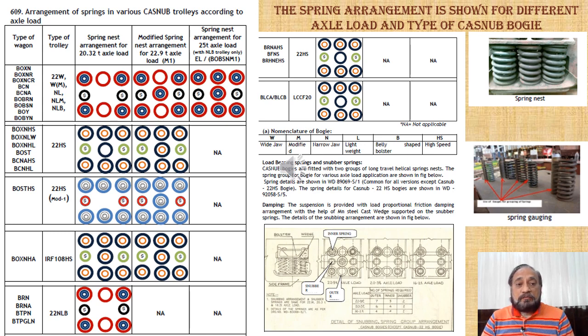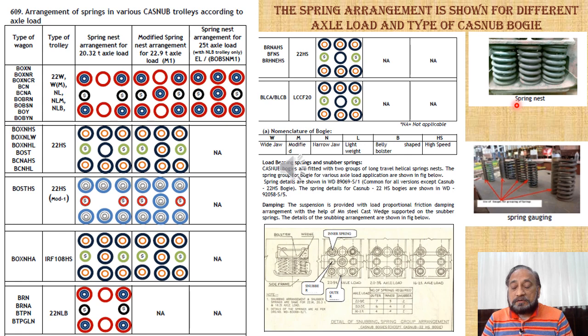So this is basically for only 20.32 ton axle load. This arrangement is shown as outer spring, inner spring, and snubbers. This is the arrangement of nest springs as fitted in the bolster and the trolleys.